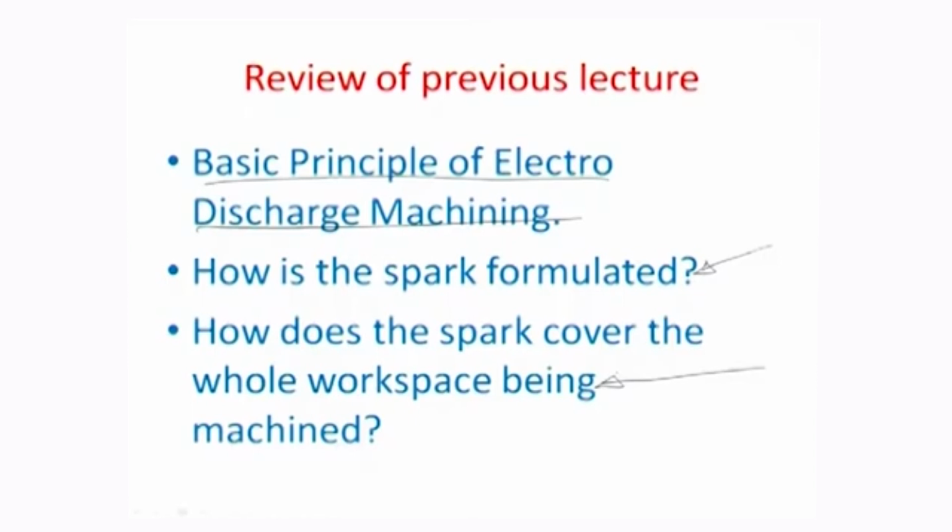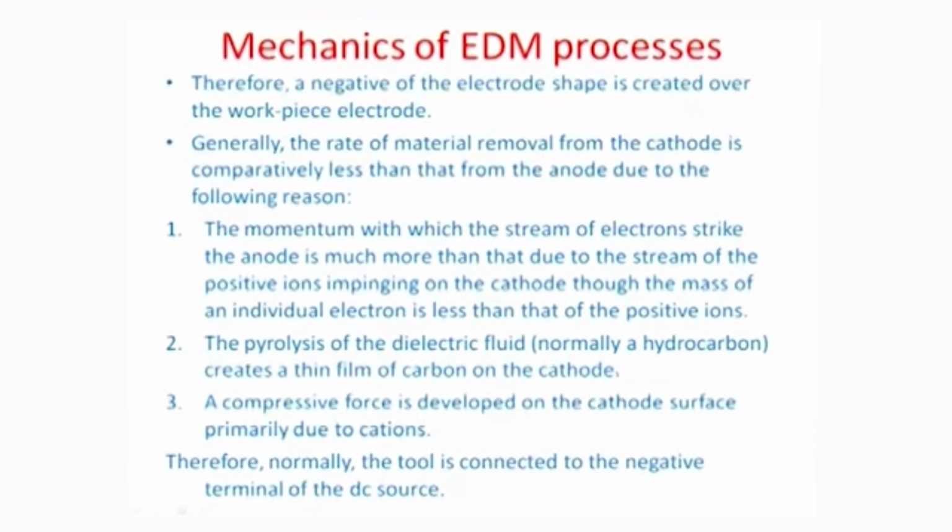Today we will look into a little more depth about the various issues regarding the EDM process. So, as I have already illustrated before, a negative of the electrode shape is created over the workpiece electrode. This is the same die sinking operation as happens in any other non-conventional process like ECM.